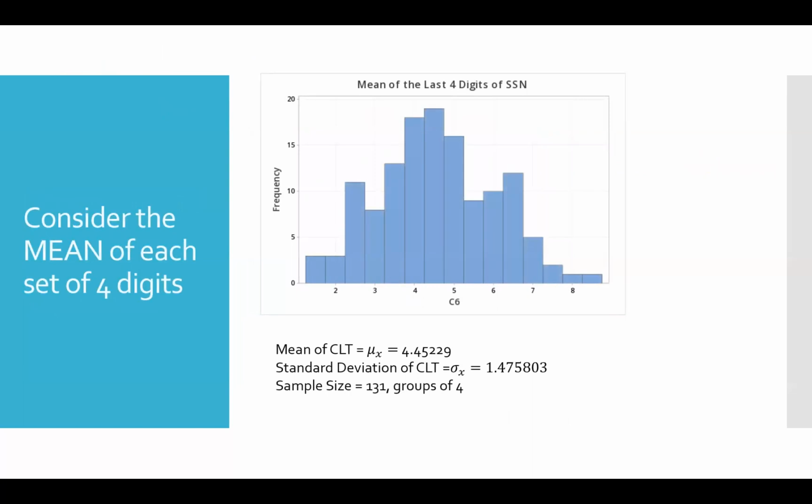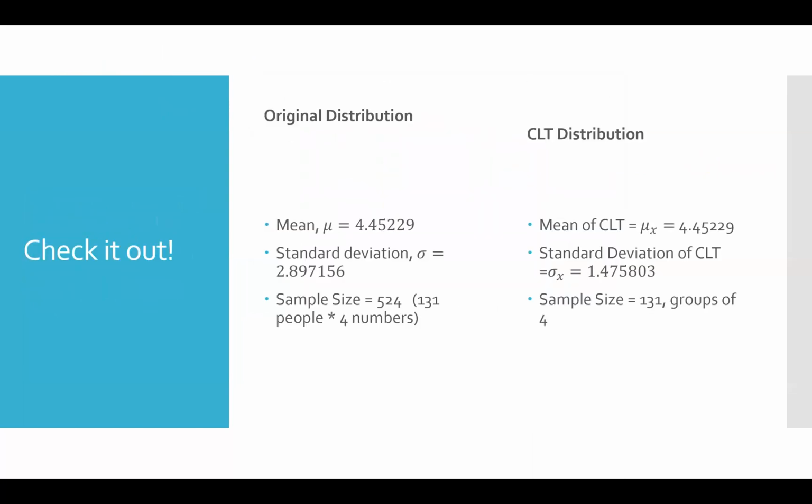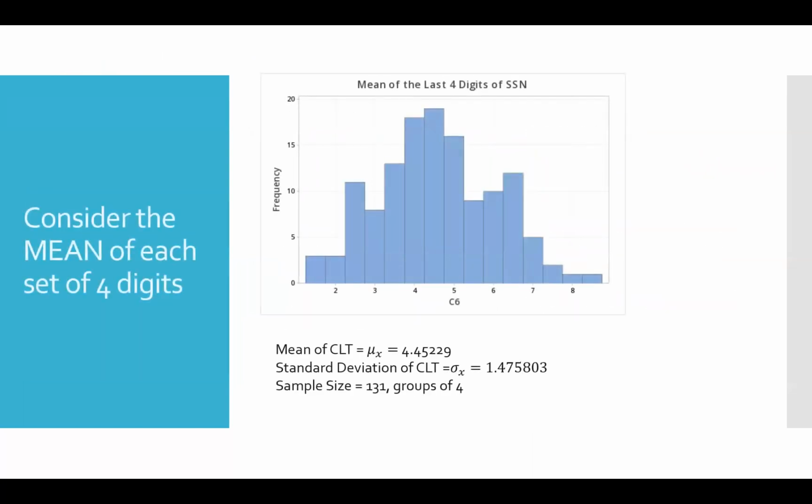When I graph the mean of each one, whoops, sorry, got ahead of myself. Look at the shape of the distribution. When I took each of those 4 digits and found the average, look at the shape of the distribution. And notice that that shape now is approximately normal.